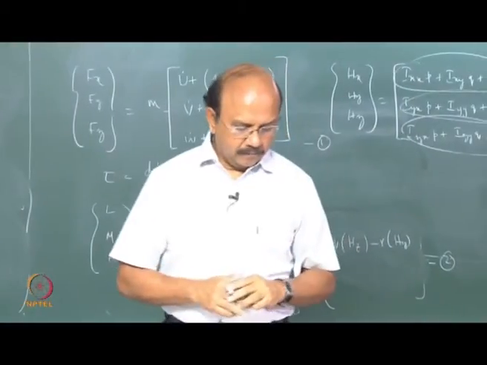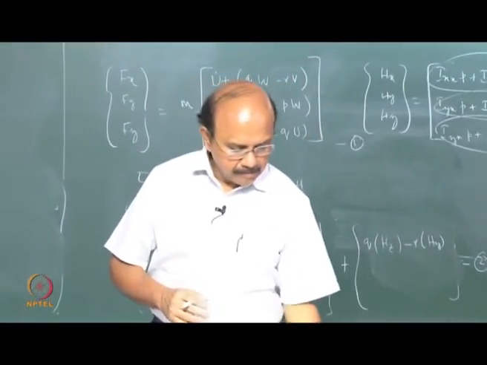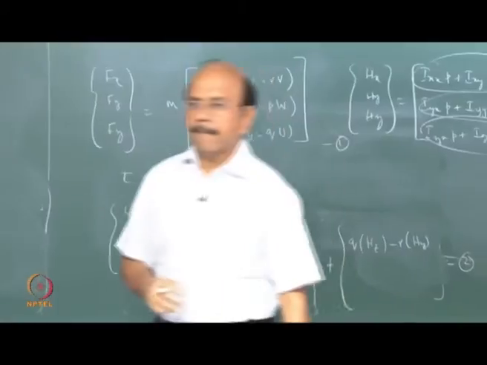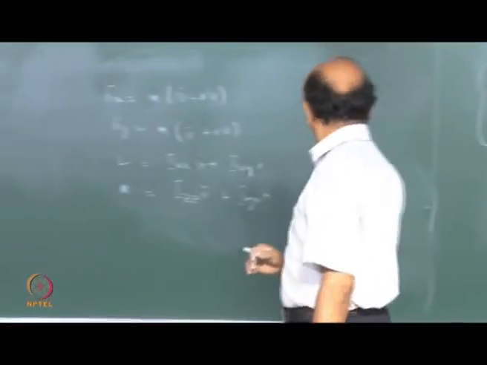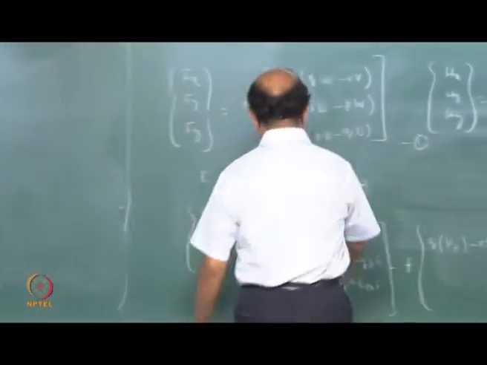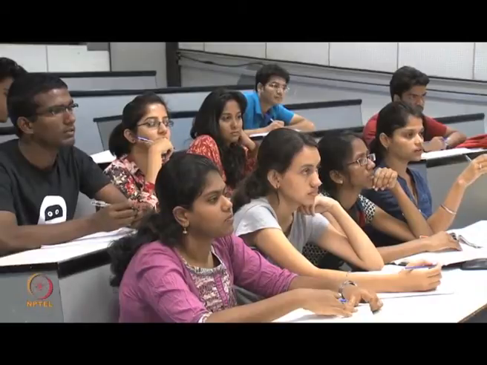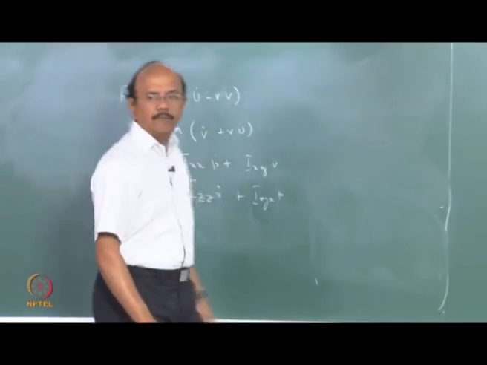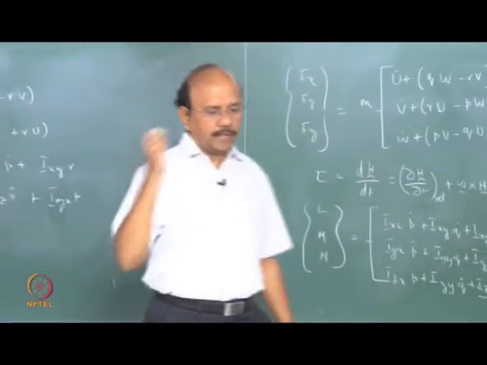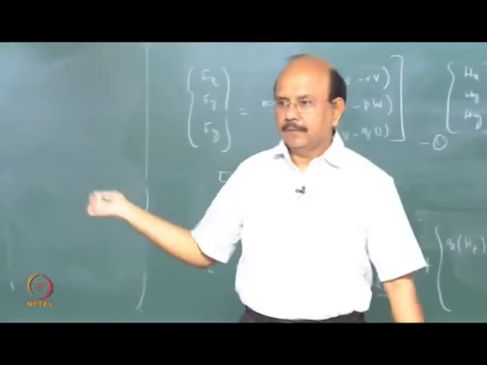Clear? Any questions? Yeah. How did you write Izx for M? For M, the index. Oh, sorry, N. L, N. For M, you can, yeah, right.